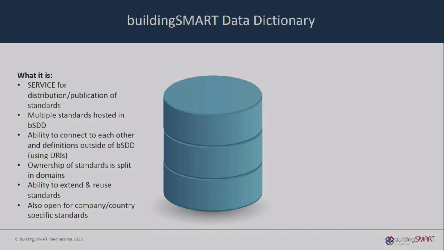So if you have some kind of a standard that you want to publish in there, it stays your ownership, and you decide under which license you can publish it. You can extend other standards that are in there. So you can build something on top of IFC, you can build something on top of Uniclass, whatever you want. And like I said, there's a lot of things in there, so it's also open for company-specific standards.